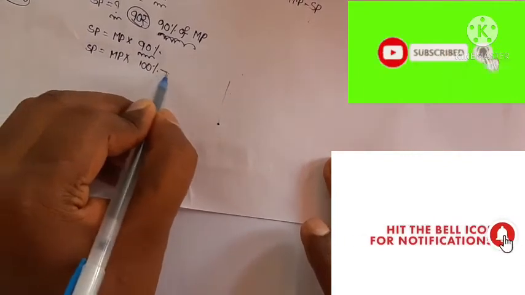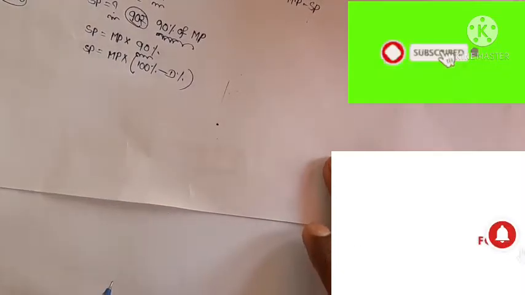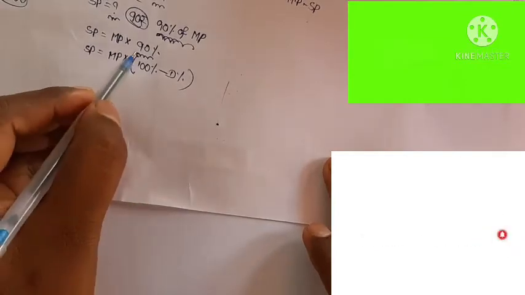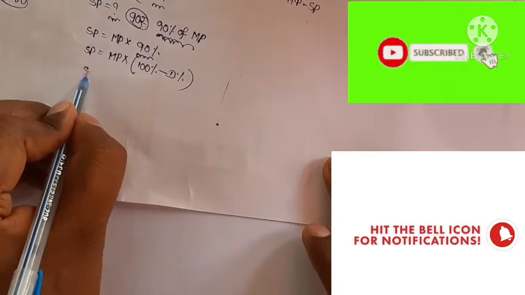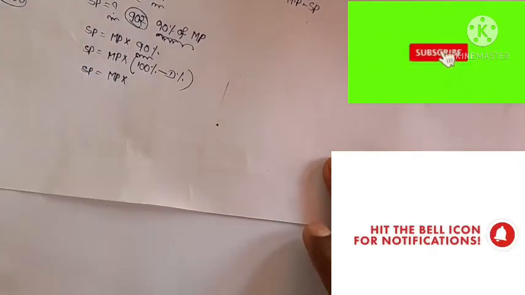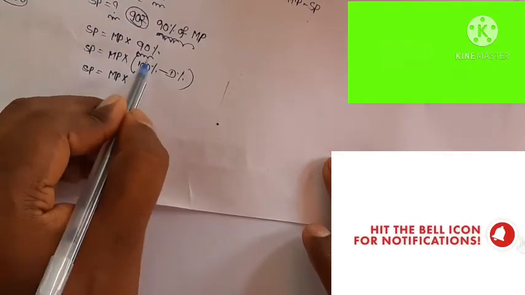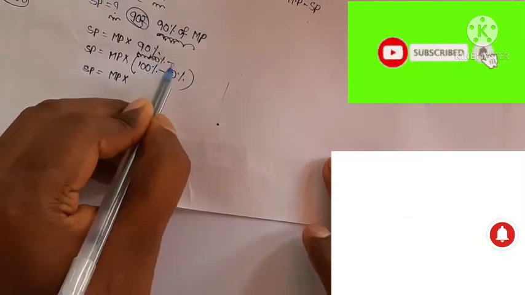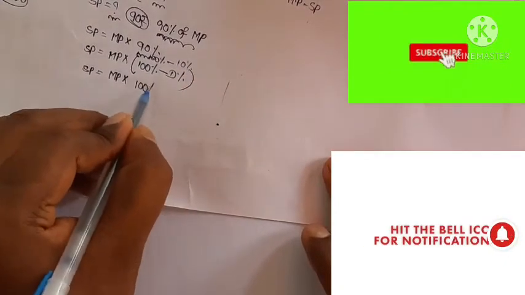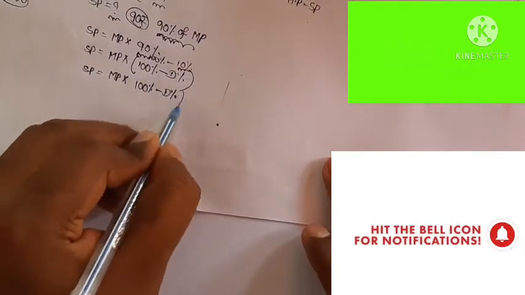Here SP is equal to MP into 90%, which can be written as 100% minus discount percentage. So selling price is equal to market price into, here 90% can be written as 100% minus 10%, where 10% is the discount percentage.